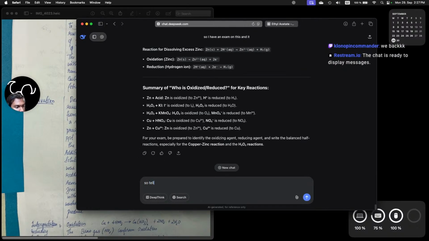So tell me which waste, which sections do the compounds involved from section 1 to 6 go after the experiment.